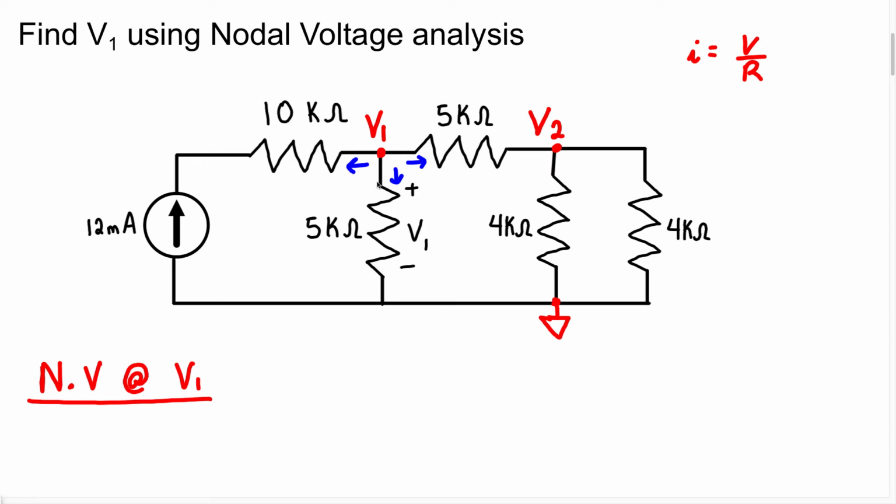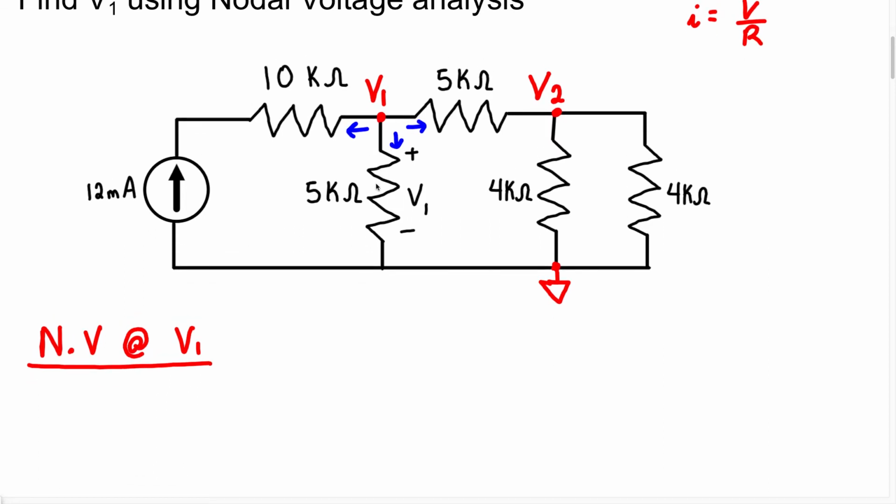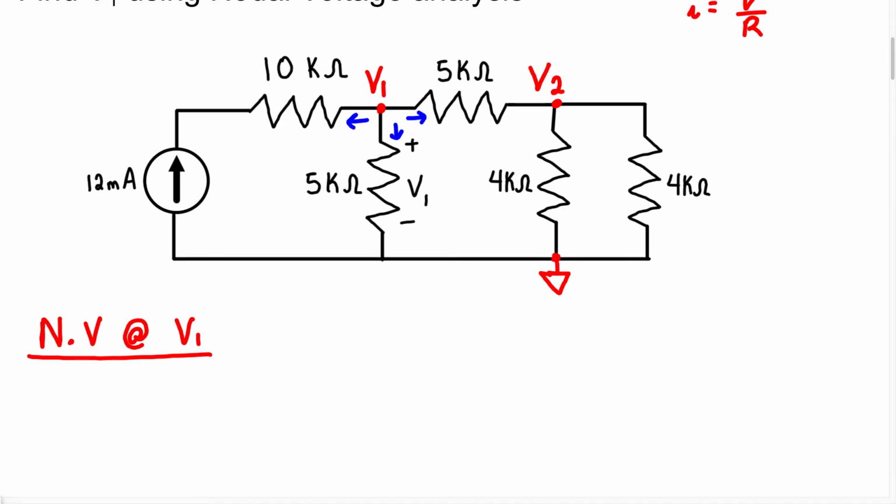So instead of it being 12 milliamps, we're actually going to write it as negative 12. And because we have milliamps, we're just going to write it as times 10 to the negative 3, because we know milli is 10 to the negative 3.